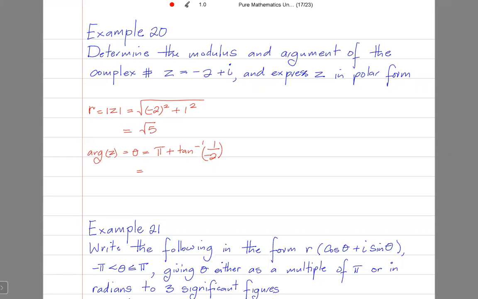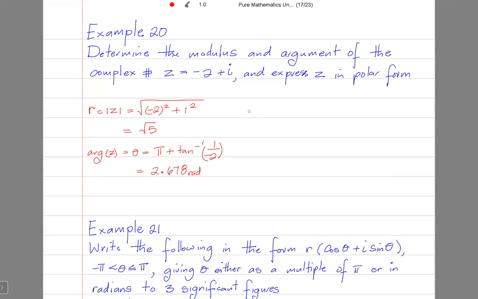So let's put this in our calculator. Shift pi plus shift again, tan inverse, open bracket, 1 divided by -2, close bracket, then press equal. This says 2.678 radians.